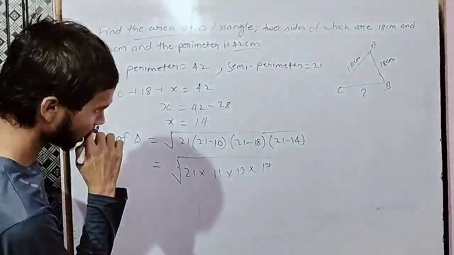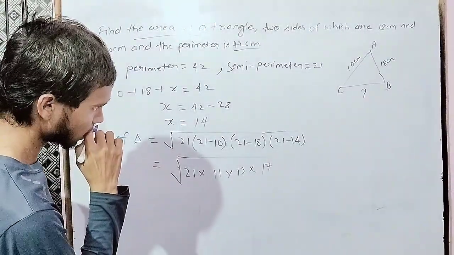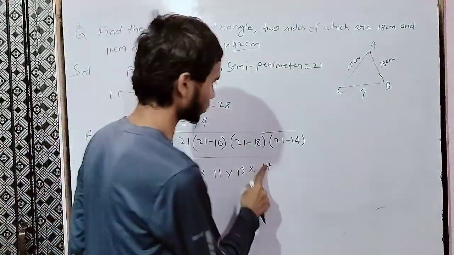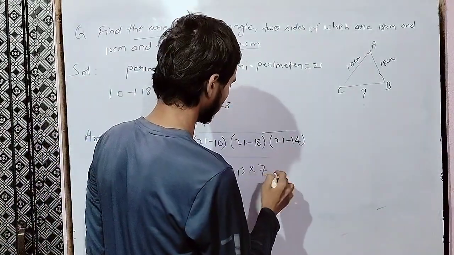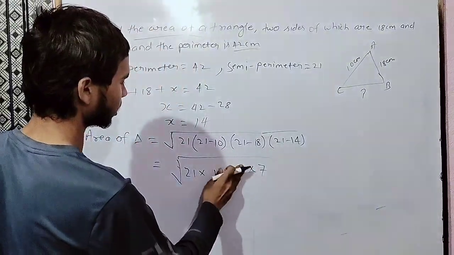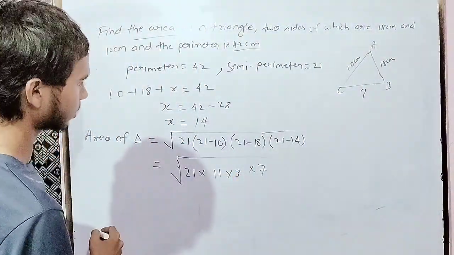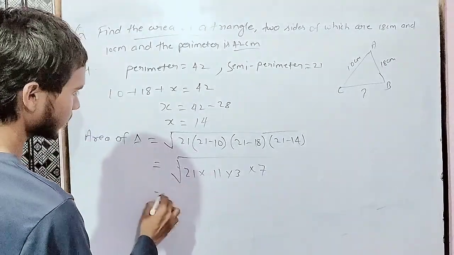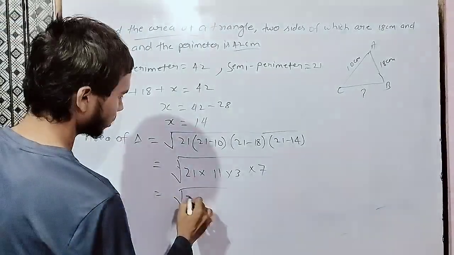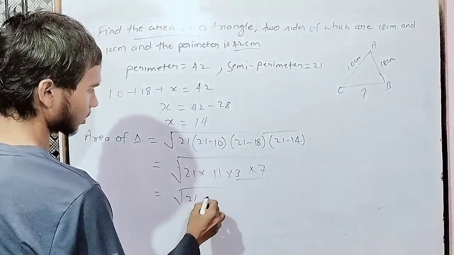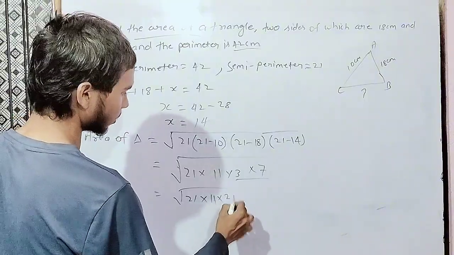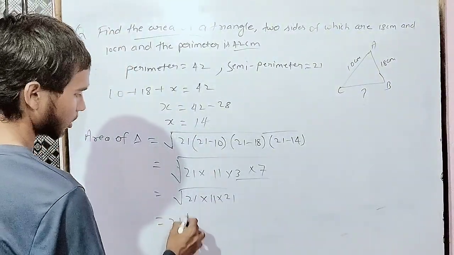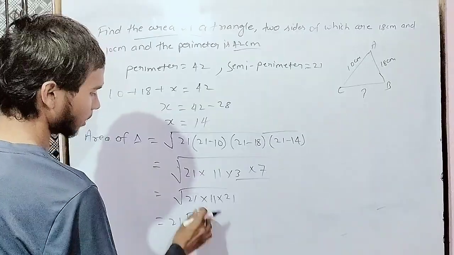Now we can see, this will be 7 only and this will be only 3. Now here you can see clearly, this is 21 and after simplifying, 21 comes out of the bracket and inside the bracket will be 11.